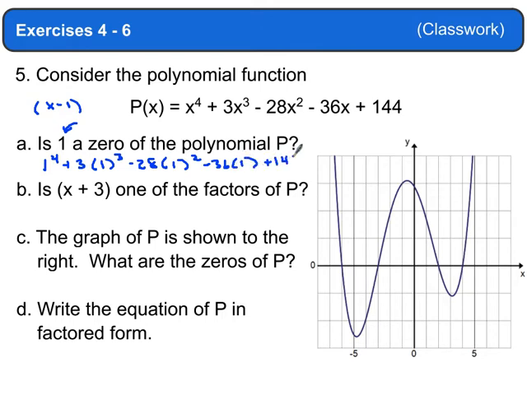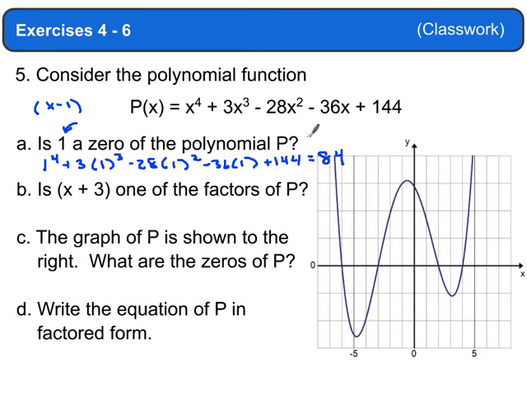We're going to add 144 to that problem. And so if we plug that in, that would be 1 plus 3 minus 28 minus 36 plus 144, and we end up getting 84.